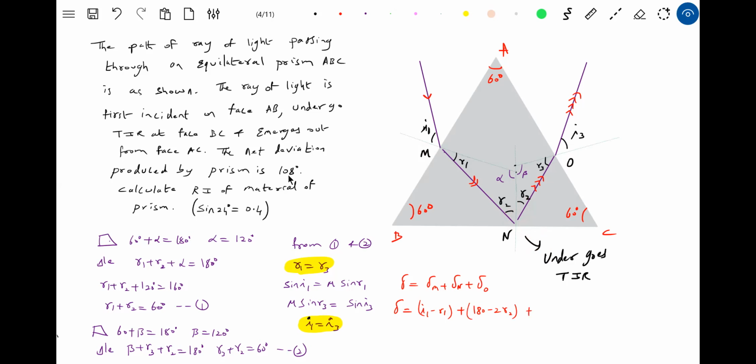Deviation at O: the ray moving from denser to rarer, the angle of emergence minus angle of refraction should be the deviating angle. So this will be R3 minus R2. We know R1 is equal to R3, I1 equal to I3. So 2I1 minus 2R1 plus 180 degrees minus 2R2.